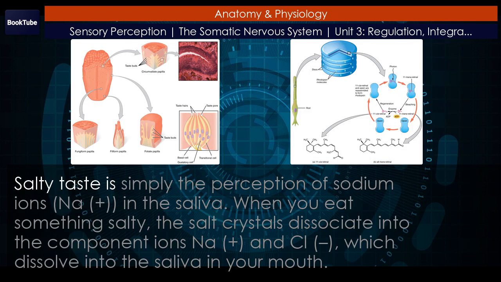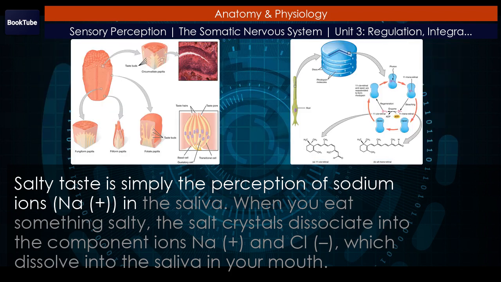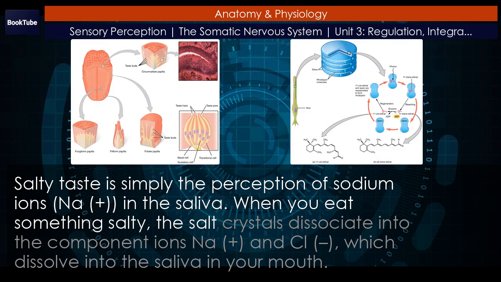Salty taste is simply the perception of sodium ions, Na+, in the saliva. When you eat something salty, the salt crystals dissociate into the component ions Na+ and Cl-, which dissolve into the saliva in your mouth.